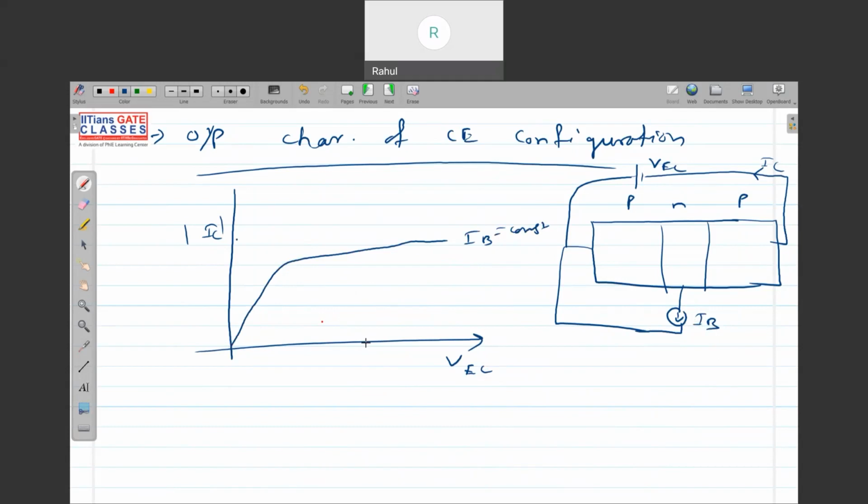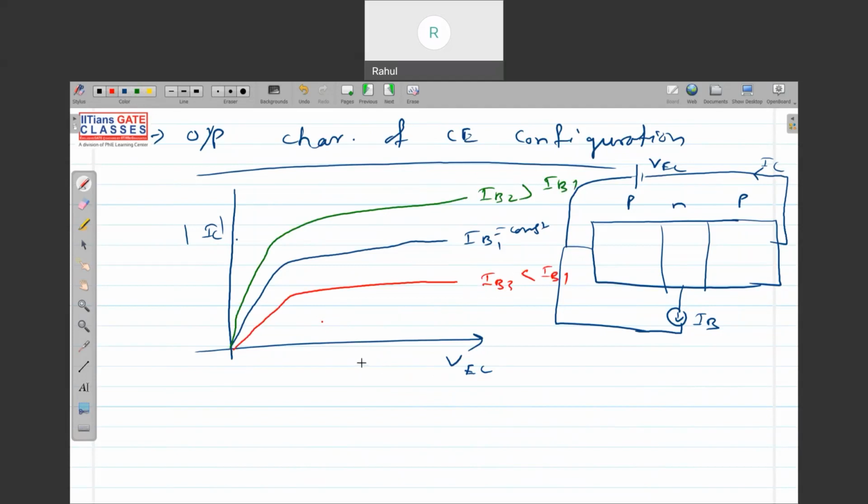How this characteristic has come, that we will discuss. Suppose I increase to IB2. If I go to IB2, it will be like this. This is for IB2 greater than IB1. Suppose I go to another IB3, this is for IB3 less than IB1.